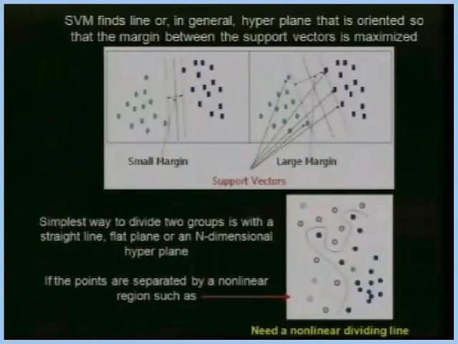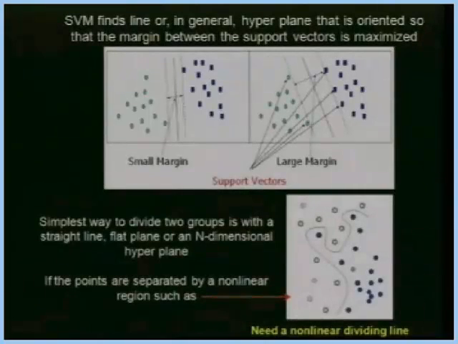In fact, SVM finds a line or, in general, a hyperplane that is oriented so that the margin between the support vectors is maximized. This has a small margin, this has a large margin. The simplest way to divide the two groups is with a straight line, a flat plane, or an n-dimensional hyperplane.